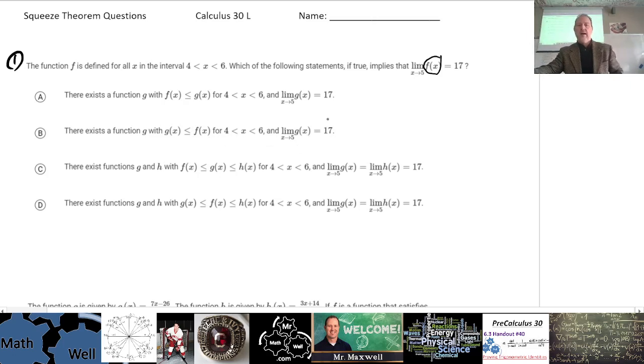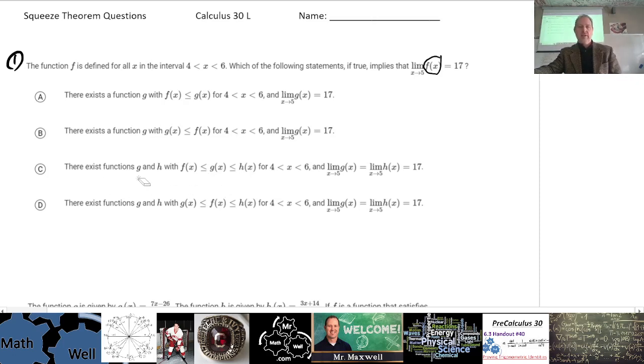For both of these two, we just have one other function we're referring to, an upper function in one and a lower function in the other. I'm looking at c here, and I'm seeing there are 3 different functions mentioned. This is looking rather sandwichy, if that's a word. Can we make that a word? Sandwichy? Squeezy?